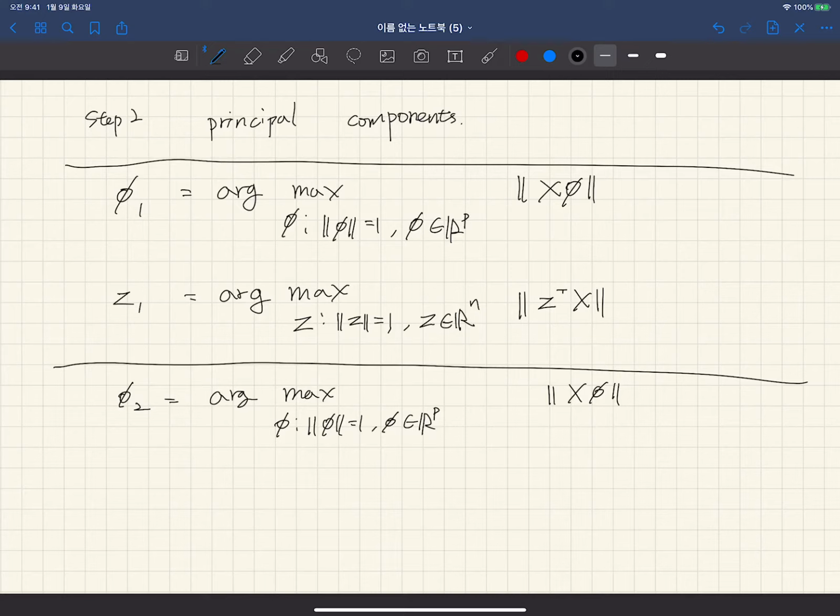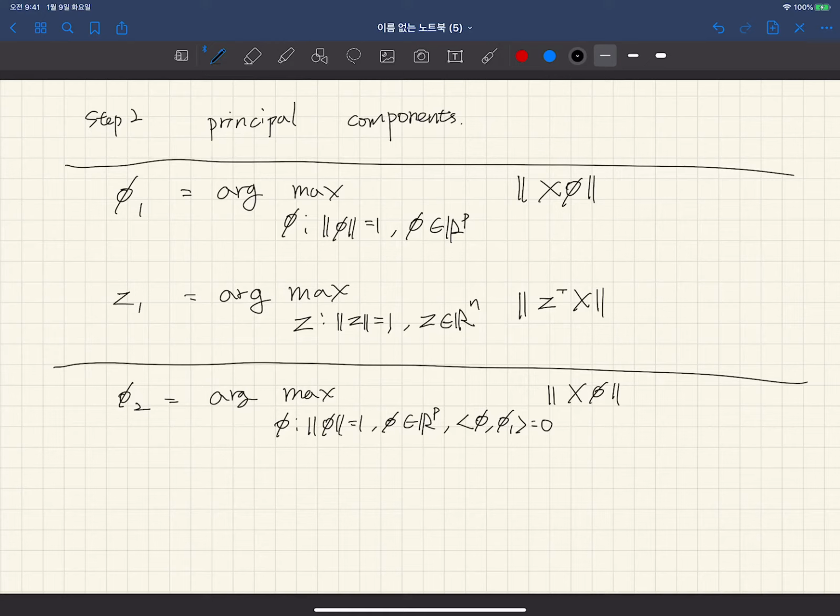So the second principal component has another constraint. This should be orthogonal to pi 1. Orthogonal means the inner product between pi 1 and the pi vector should be equal to 0.